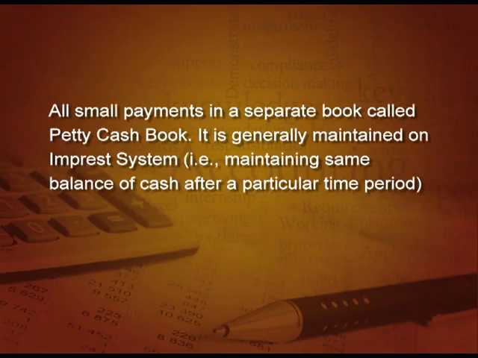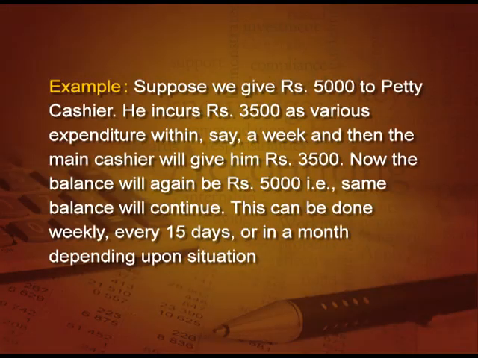Now, imprest system means maintaining the same balance of cash after a particular time period. Let us see what we do in imprest system by way of an example. Suppose we give 5,000 rupees to the petty cashier.